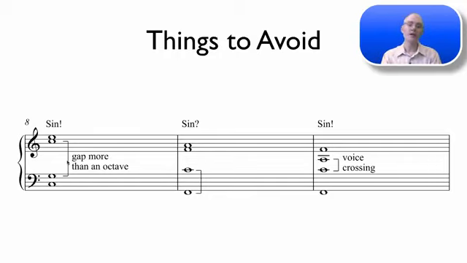That you should stick to. You should never have more than an octave between voices that are adjacent. So between soprano and alto, or alto and tenor. Avoid a gap of more than one octave between adjacent voices.